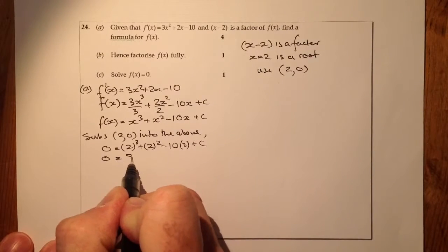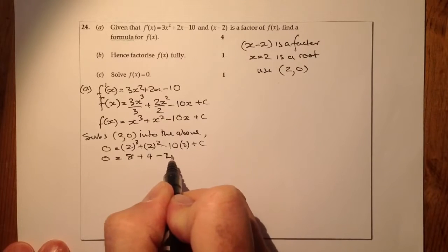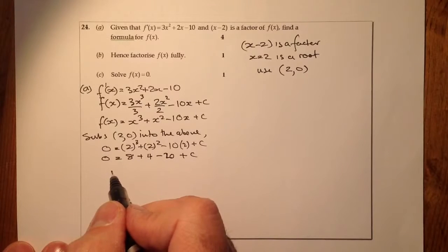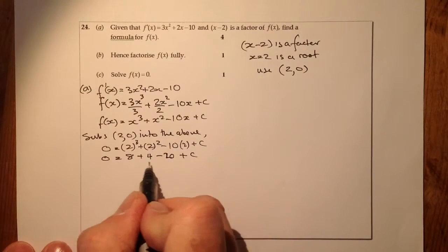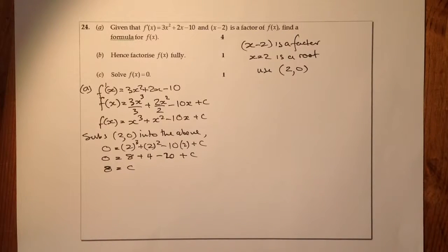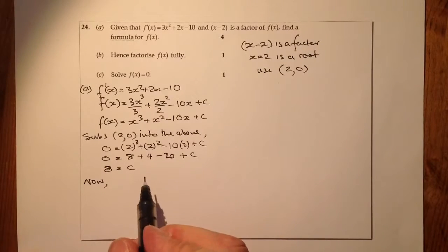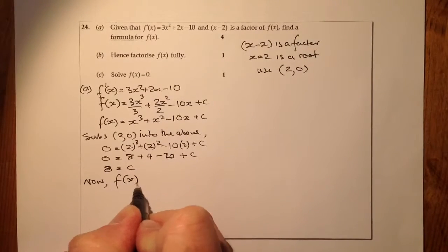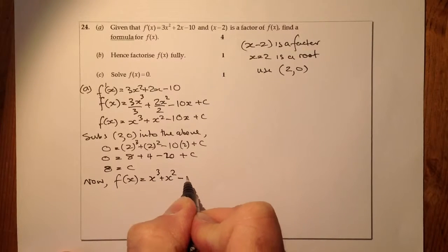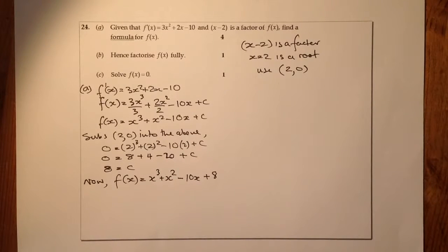So 0 is equal to 8 plus 4 minus 20 plus c, and from there I can gather everything over to the left hand side, so that will be 12, that will give me minus 8 going to this side here, so c is equal to 8. And from there I can say that the particular solution for f of x is going to be equal to x cubed plus x squared minus 10x, and now we've got c as 8, so plus 8 at the end there.